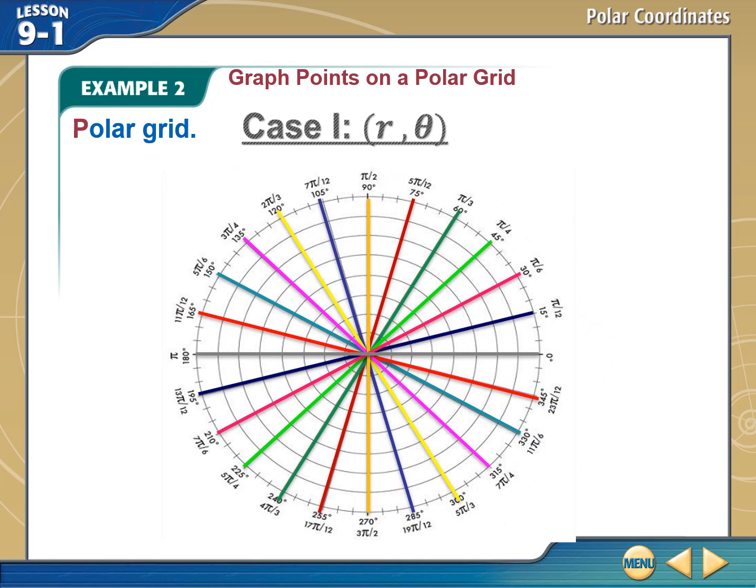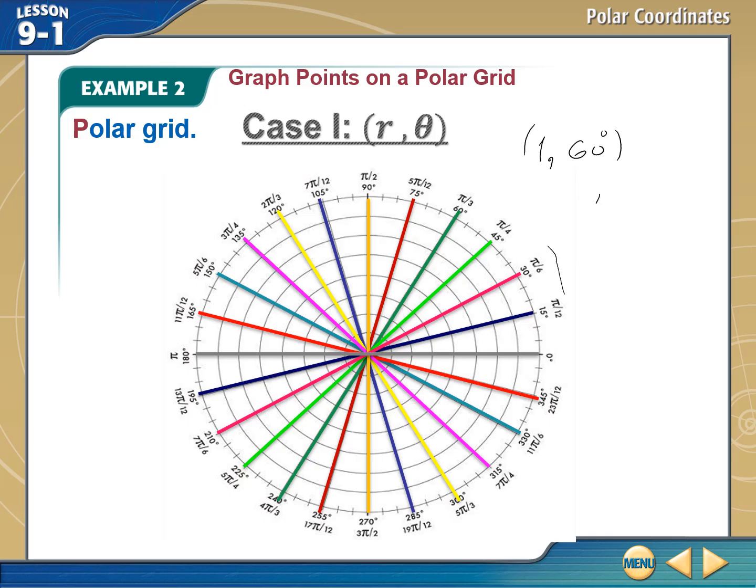Now case 1 says to just sketch a graph of r and theta. Let's suppose r is 1 and theta is 60 degrees. How will I sketch the graph? You can see at the top that the degrees are given for your ease, and similarly their measure in radians is also given. 45 degrees means pi over 4.